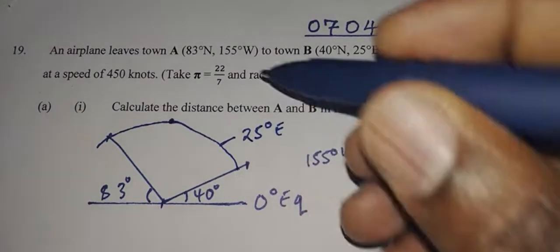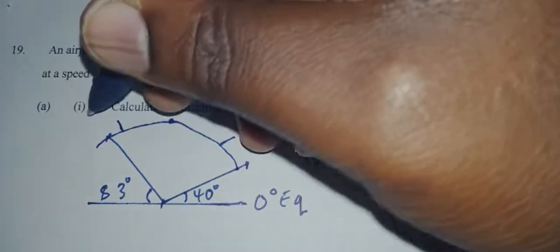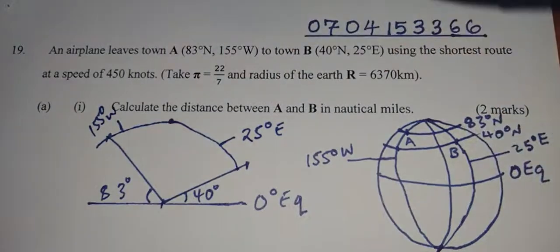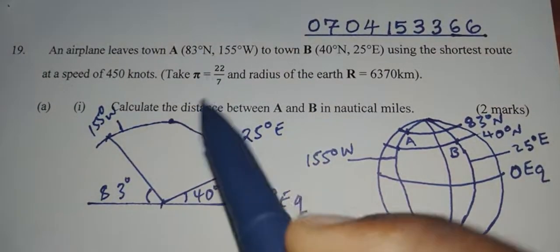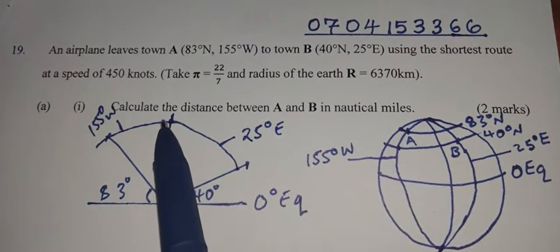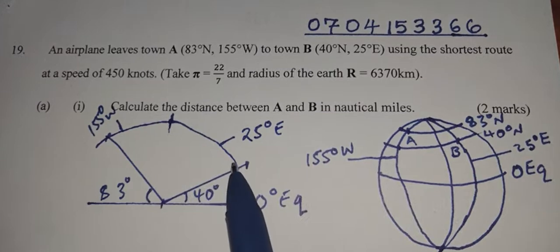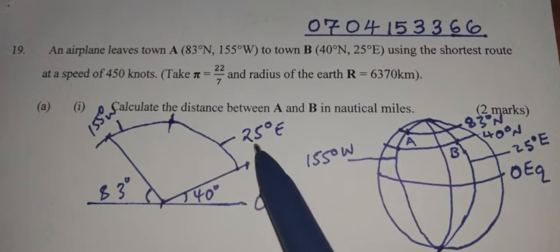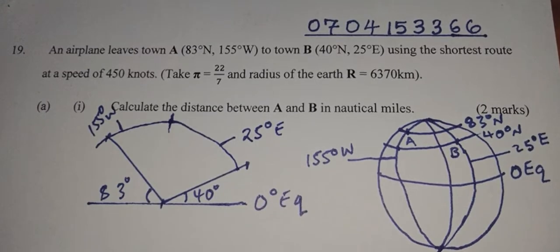So if a plane is moving through 155 in the west, then upon reaching the North Pole, it just proceeds with the same path. It automatically assumes the route 25 degrees in the east. That is how supplementary longitudes behave.